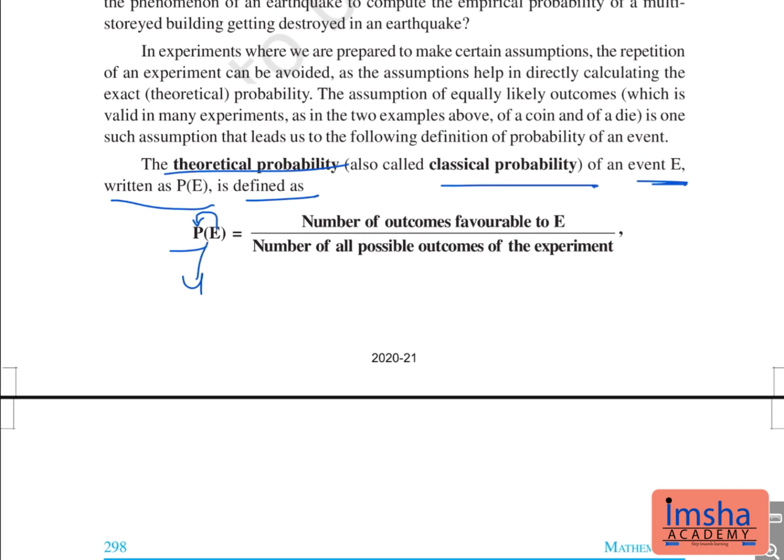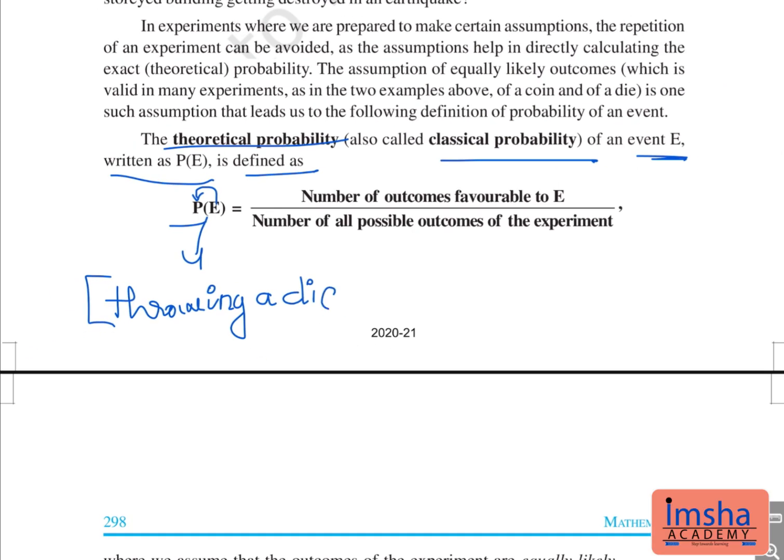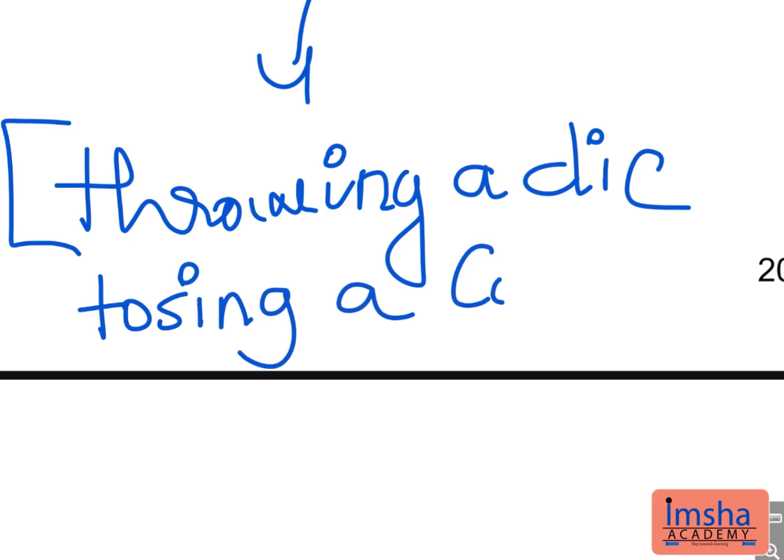Event can be anything. Event means anything which is happening, like throwing a die or tossing a coin.